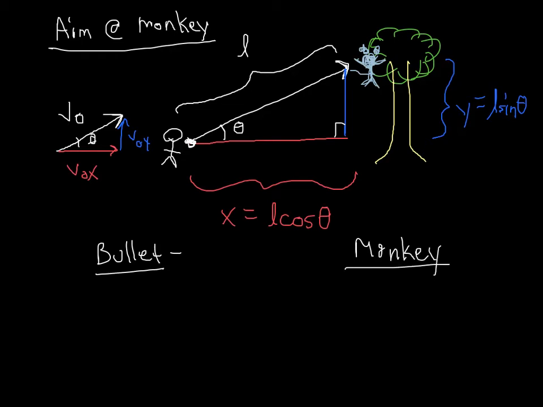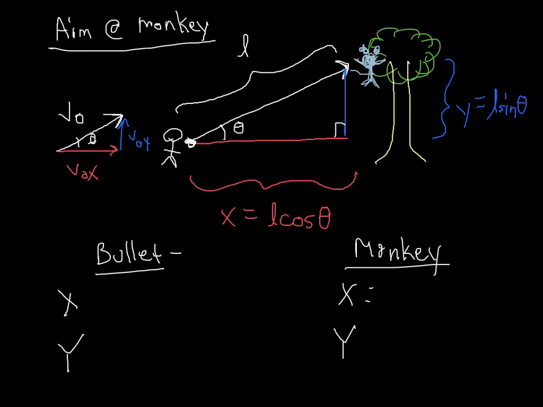And what we're going to want to do is separate things into the X direction for the bullet and the Y direction for the bullet, and do the same thing for the monkey. X direction for the monkey and Y direction for the monkey. It turns out the X direction for the monkey is going to be very, very simple. The X direction for the monkey, since it's in free fall, we don't really have to worry anything about the X direction.